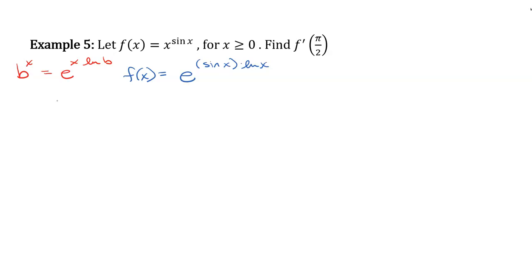Now, because of this, and now we have that lovely e there, which makes it all work, we can find the derivative using the chain rule. If we set u as our exponent here, sine x ln x, then we can use the product rule to find its derivative, u prime.